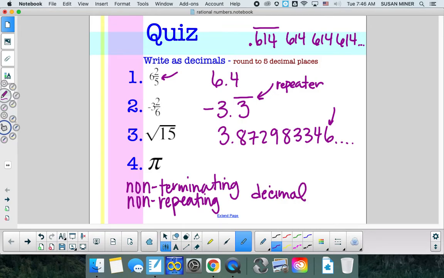Okay, that's the word, non-terminating, non-repeating decimal. But what it means is, non-terminating means it never stops. It goes on and on for infinity. And it never repeats.